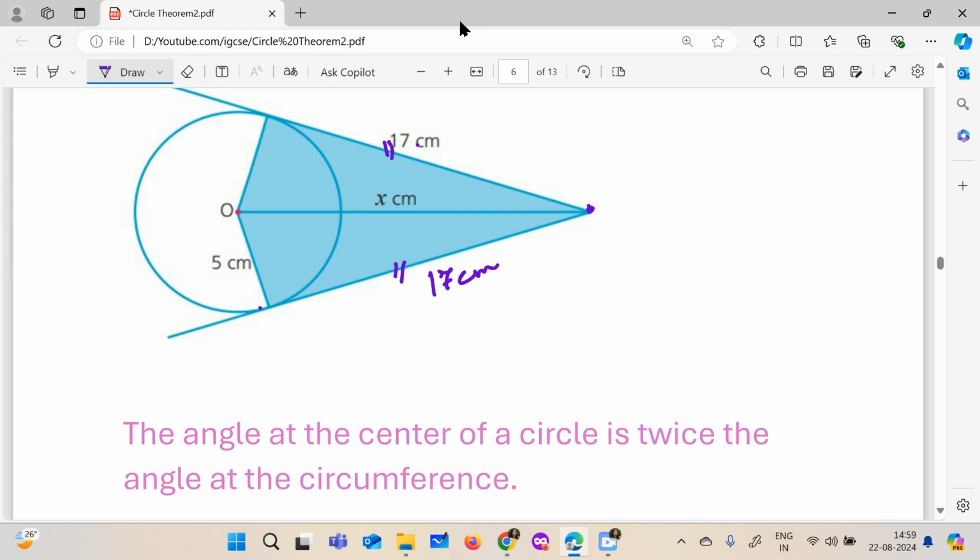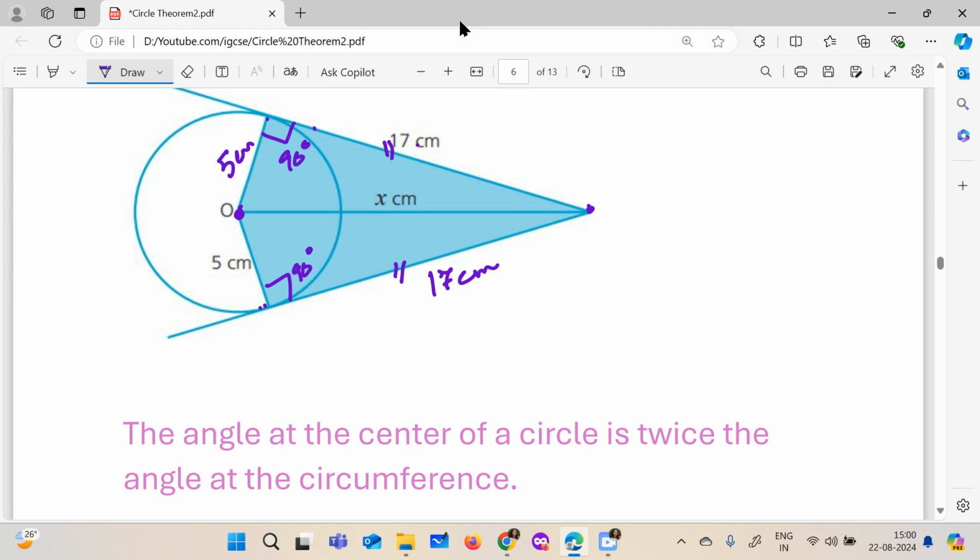Then from center O we have a radius, and this radius is 5 centimeter. So this length is also 5 centimeter. And the radius and tangent form 90 degrees, so here also the radius and tangent form 90 degrees. Is this clear?